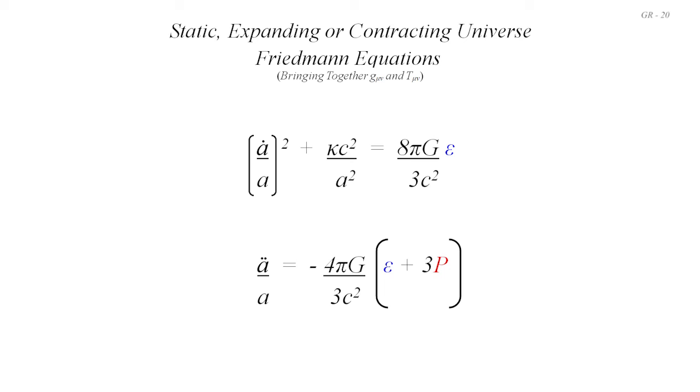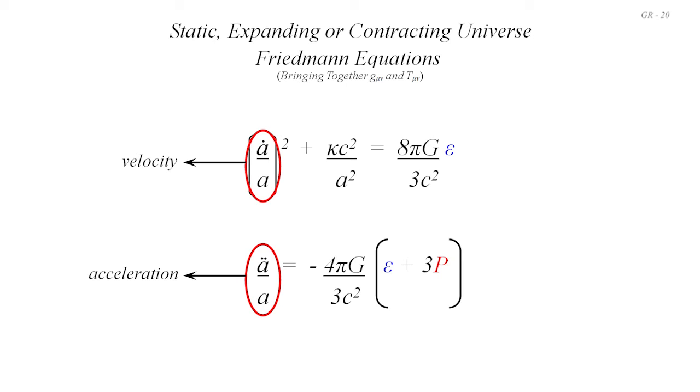Looking at these equations, you should recognise that A dot is the rate of change of the expansion coefficient A with time, and A double dot is the rate of change of that rate of change with time. This means that we can operationalise, or if you like, think of these entries in the Friedman formulae as being a kind of normalised velocity and normalised acceleration of an expanding universe.